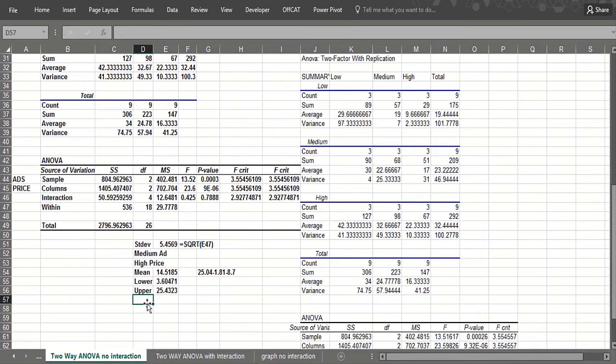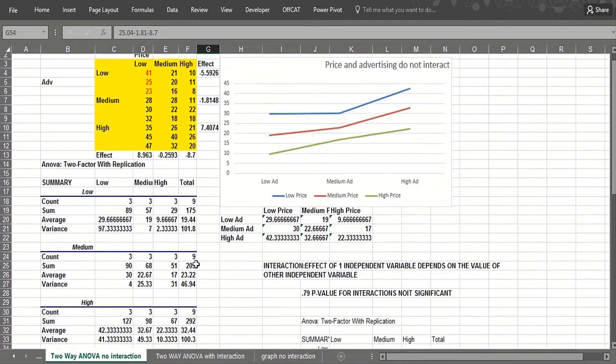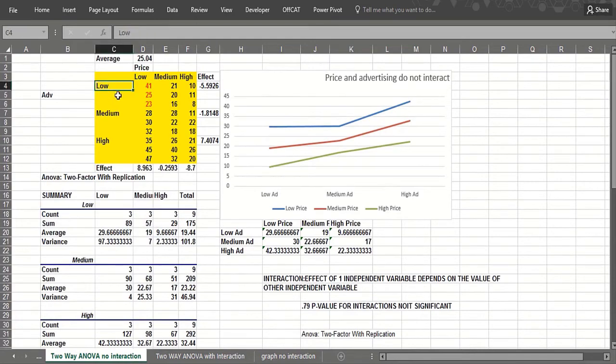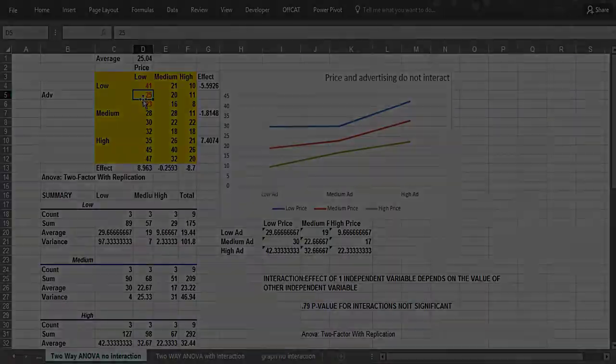Now in the next video, we'll talk about how to handle two-way ANOVA with replication when there is an interaction. Basically, you can't add the factor effects together like this because the effect of one factor depends on the value of the other. So for each of the 9 different combinations here, you just make the prediction based on that combination.